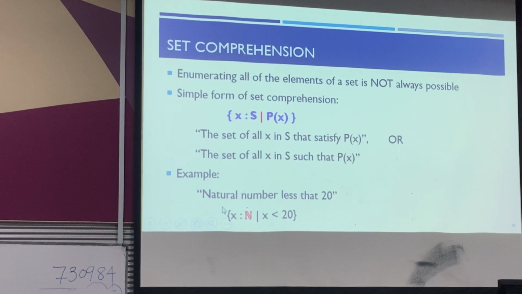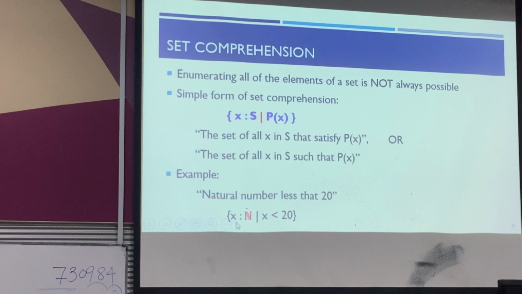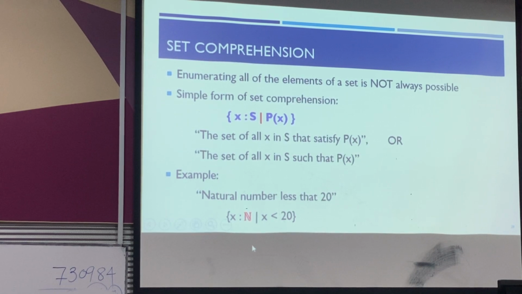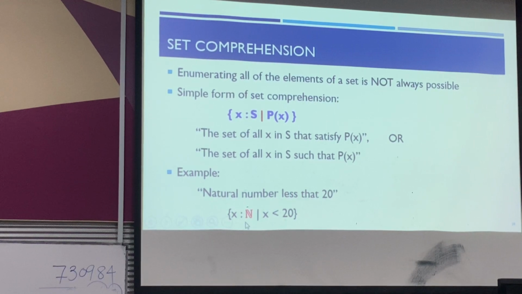If you want to represent the natural numbers less than 20, you can put x of type N, where normally the bar we call as where, we say x less than 20. So x is of type N, where x less than 20.